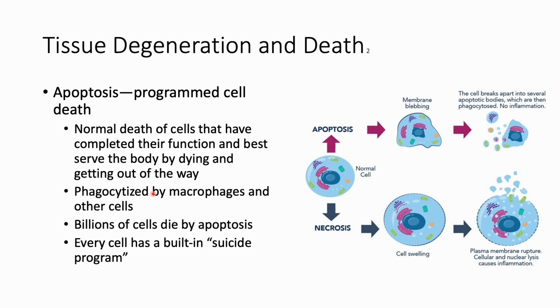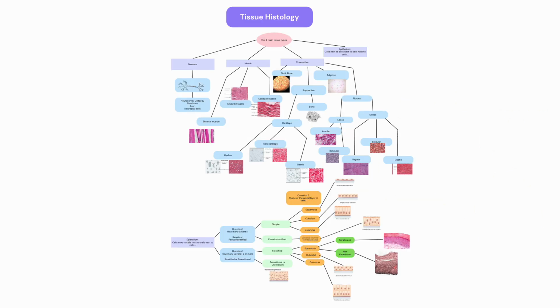Billions of cells die by apoptosis, and every cell has its own built-in suicide program. So when a cell undergoes apoptosis, it's very controlled, there's no inflammation, but versus necrosis, we often have cell swelling and inflammation and many other reactions.